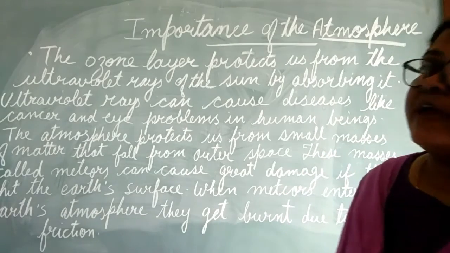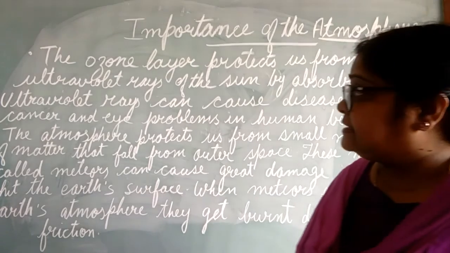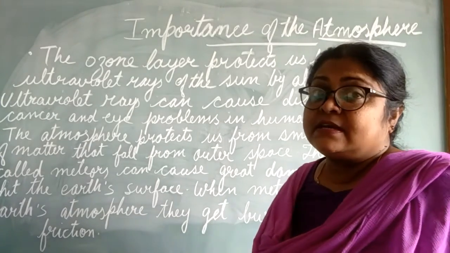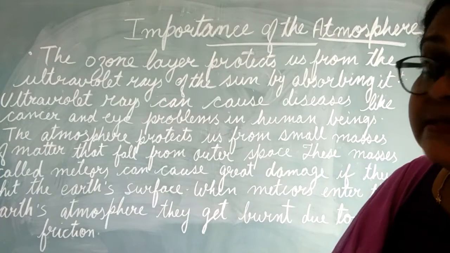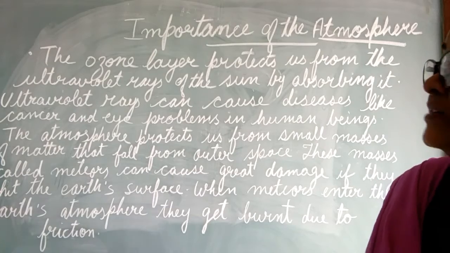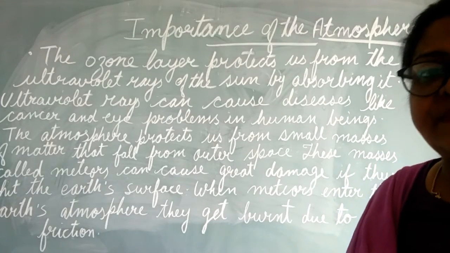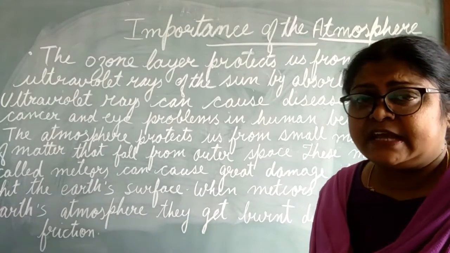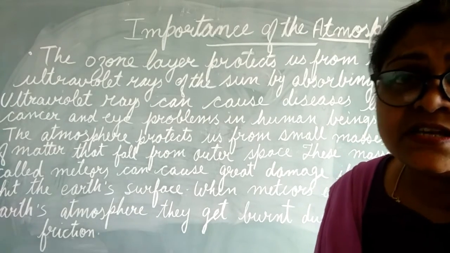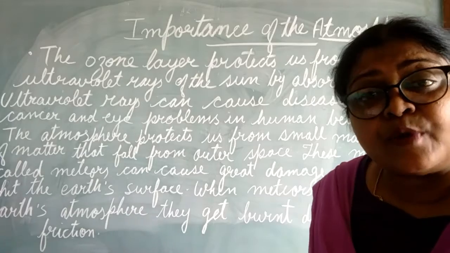So where is the ozone layer? The ultraviolet ray is coming from the sun, and who absorbs it? The ozone layer protects us. This layer is there above, and it protects us from the ultraviolet rays of the sun. That ray is very harmful for human beings and causes different types of disease, cancer and eye problems.